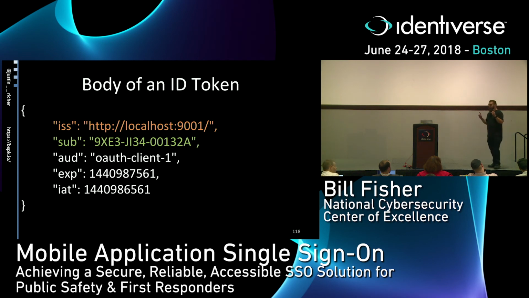So if we go back to older identity protocols like OpenID 2.0 and SAML, what happens with user attributes in both of those? You send the user attributes in the assertion every single time because you don't know if you need them or not yet. The relying party can't know if it needs to request all of the extra user attributes because it doesn't know who the user is yet.